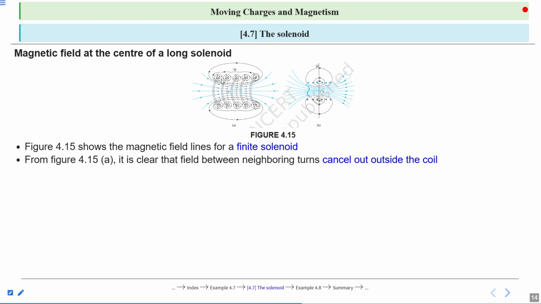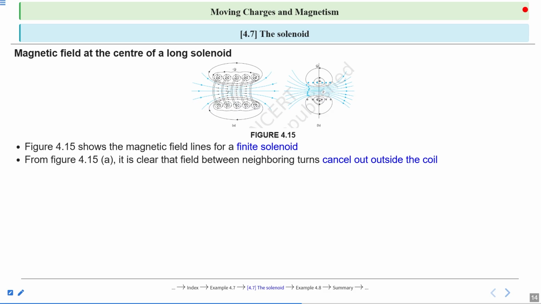Now you can see, as I have explained, that due to the first winding, the magnetic field on the right of the first winding is in the upward direction, and the magnetic field on the left of the second winding is in the downward direction. So they will cancel out outside the coil, not inside, because in the outside there is more free space. Inside the coil, the radius is very small, so the magnetic field adds up inside the coil.